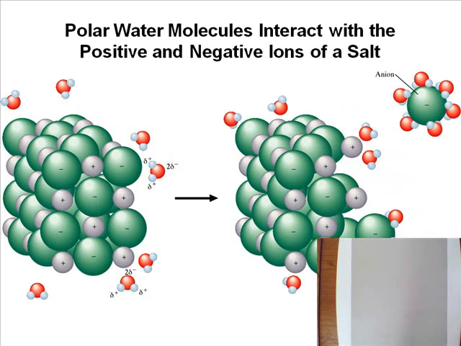So what you have here is exactly how dissolving happens. On the left, you'll notice there are water molecules, polar water molecules, and they become attracted to the oppositely charged ions that make up salt. What is in green and gray is this grain of salt.